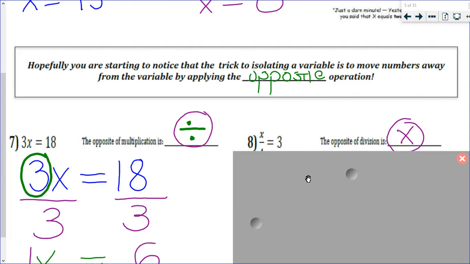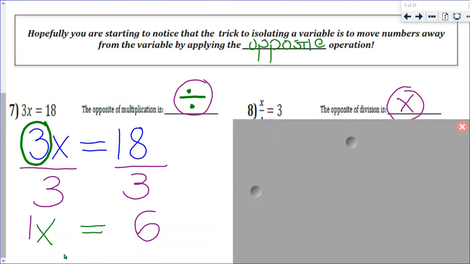So this is my surgery. This is the operation of division that I'm using to surgically remove the 3 from the x. So I know that 3 divided by 3 will give me 1x. 18 divided by 3 is going to give me 6. So this is working.